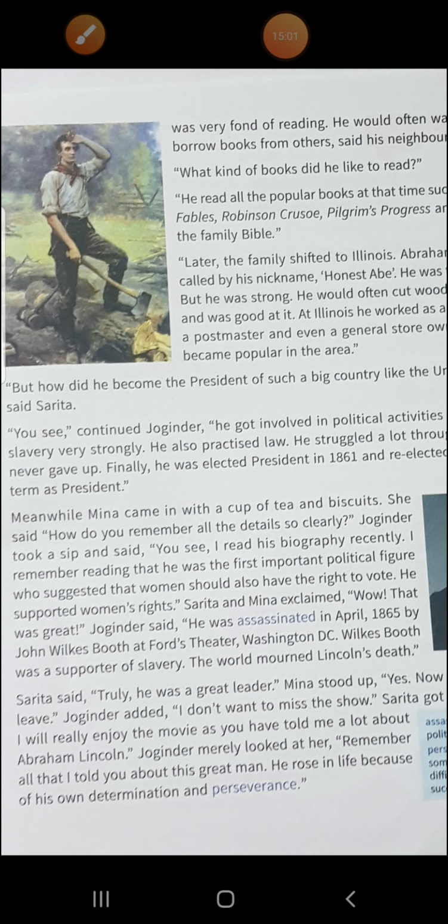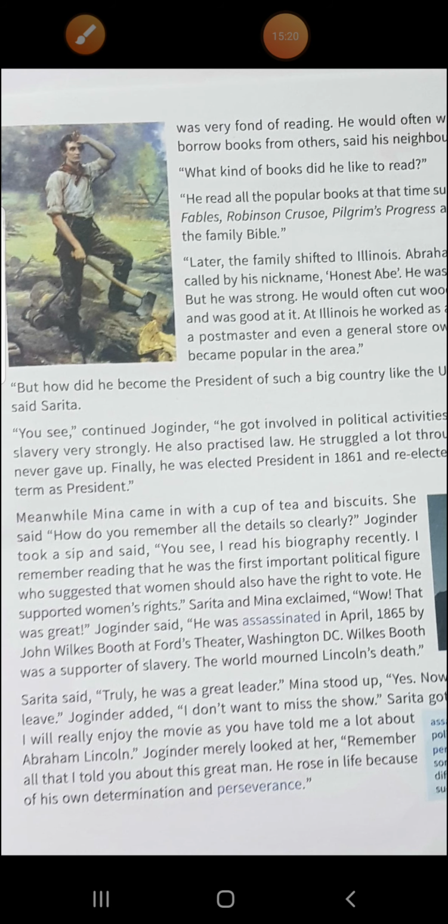What is a biography? That is a detailed description of a person's life. So he has read all the detailed descriptions of Abraham Lincoln's life. All right, so that is why he can tell all the details. And he said that he was the first important political figure.